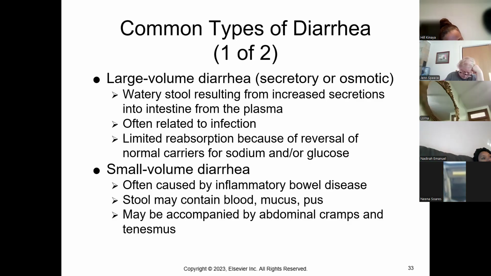Some laxatives that we give, that's the effect that we want from them, and that's why we're giving them. Small volume diarrhea usually occurs in inflammatory bowel disease, and these stools may have blood, mucus, or pus. Diarrhea might be accompanied by abdominal cramps or a sense of urgency.